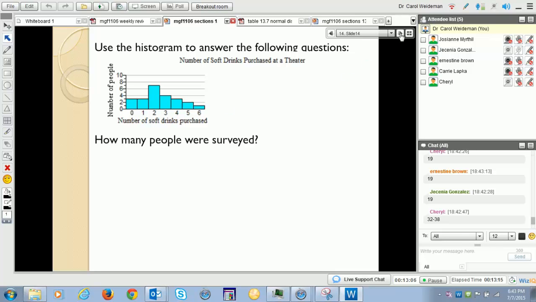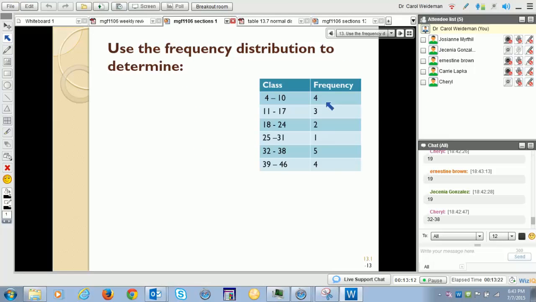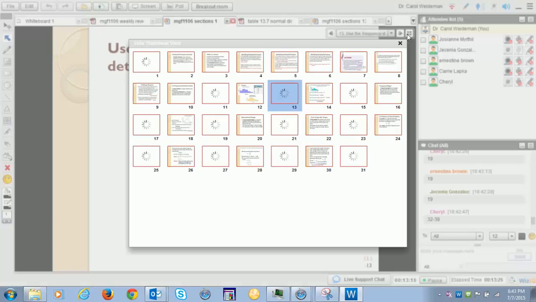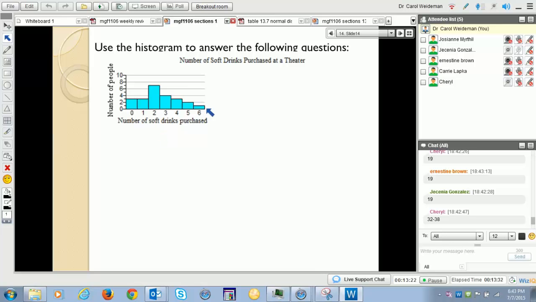How many people were surveyed? Now this is a little bit different. Let me just flip back to the prior one. On here, when I asked you how many people, all you did was add the numbers up. Now when you've got the display, to find out the number of people here, you're going to add the height of the bars.